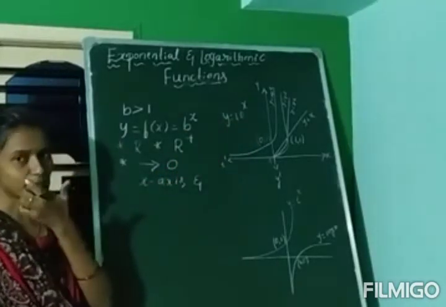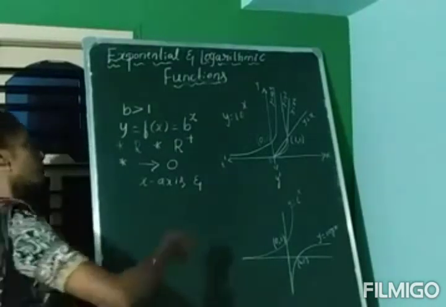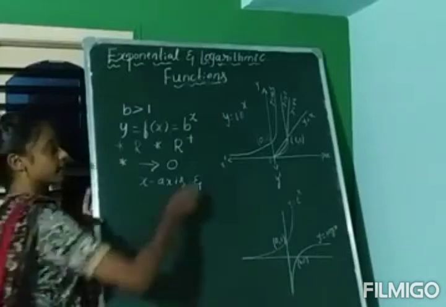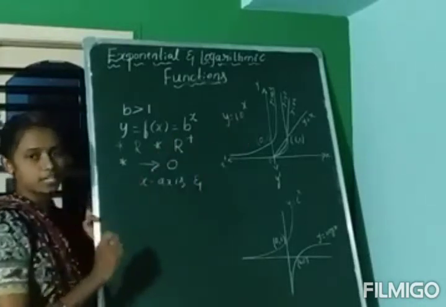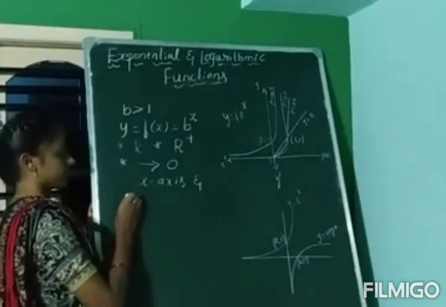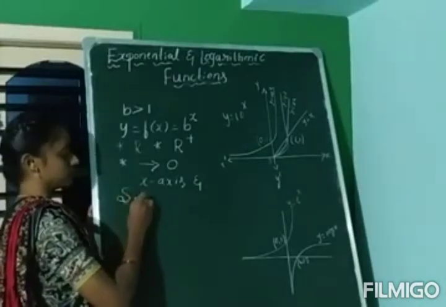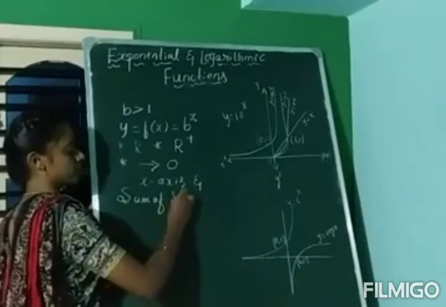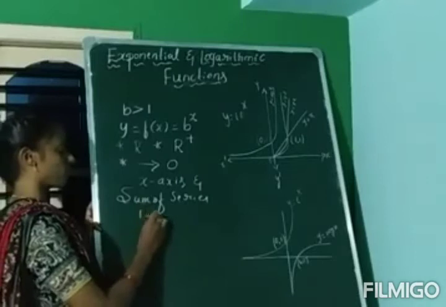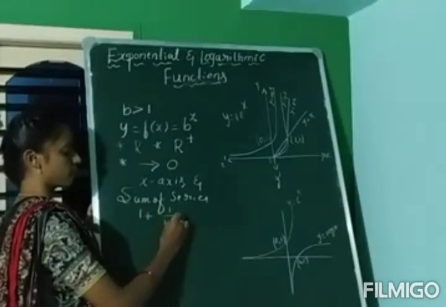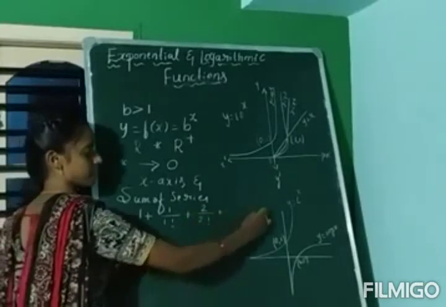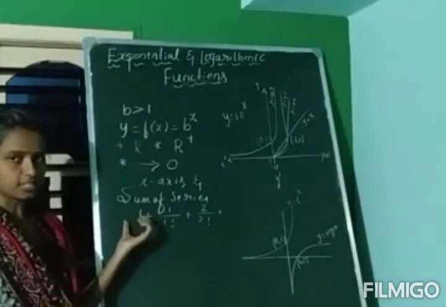Now with the help of this, I can say that if I consider the exponential function and its base is 10, then such a function is called a natural exponential function. Now I can consider the sum of the series 1 plus 1 divided by 1 factorial plus 1 divided by 2 factorial, plus and so on.